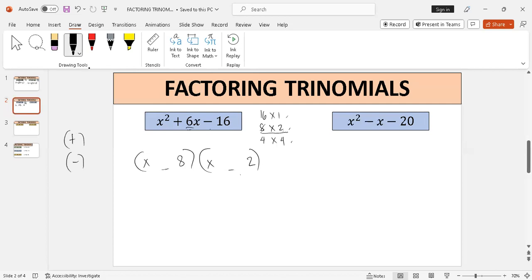Magbe-base na kayo ngayon sa symbol na present sa middle term. Kung ano man yung symbol ng middle term, yun din dapat yung maging symbol ng mas mataas na factor. So since positive yung middle term, alin ang mas mataas sa 8 and 2? It's 8. So dapat yung 8 yung positive at yung 2 yung negative.